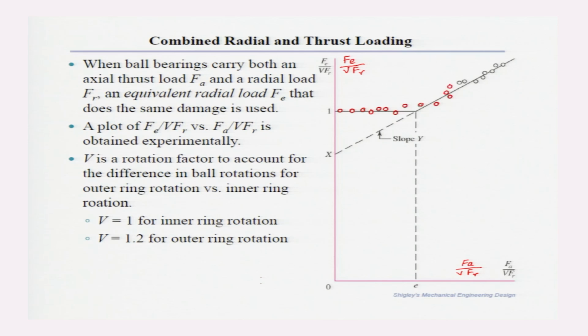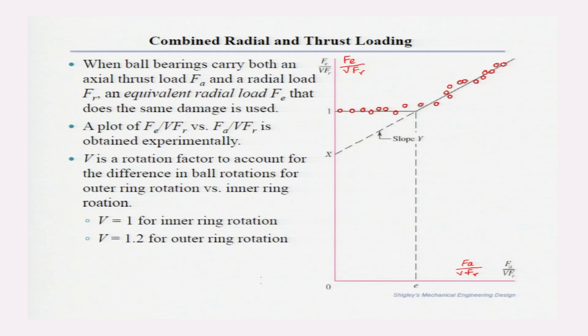From the experimental data, it is clear that up to a certain value of Fa divided by VFr, the value of Fe divided by VFr is almost constant, and its value is equal to 1. After a certain value of Fa upon VFr, the relationship between Fe divided by VFr and Fa divided by VFr is linear.